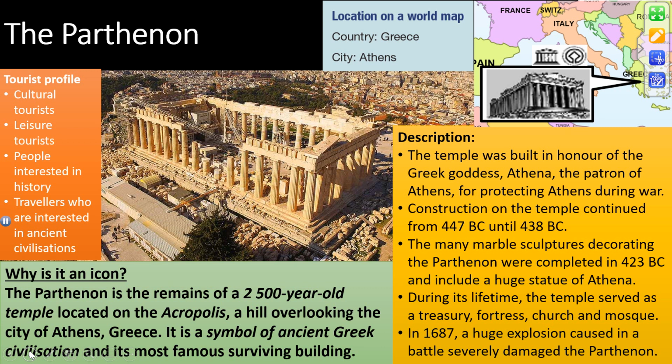The Parthenon has been a temple, a treasury, a fortress, a church, and a mosque. Unfortunately, a portion of the Parthenon was damaged in an explosion in a battle in 1687. Your profile of tourists that want to visit this destination are cultural and leisure tourists, people who are interested in history and ancient civilizations.